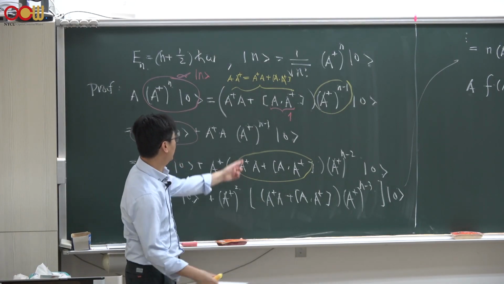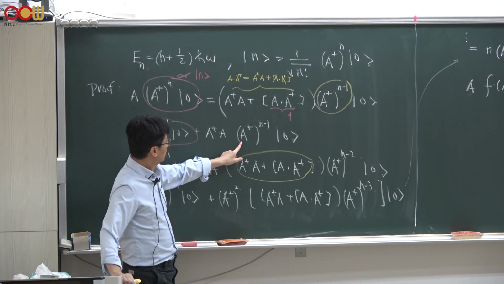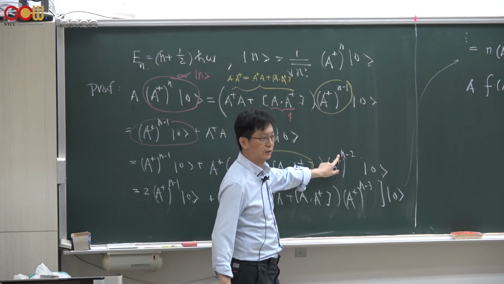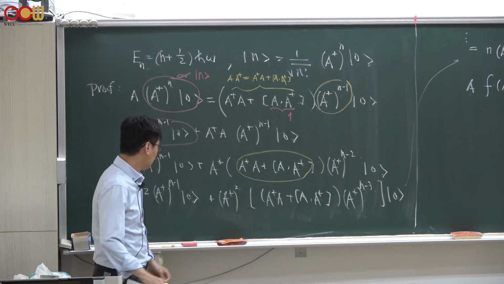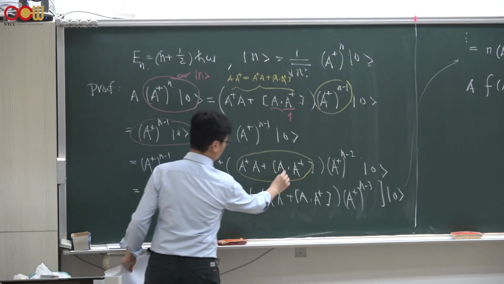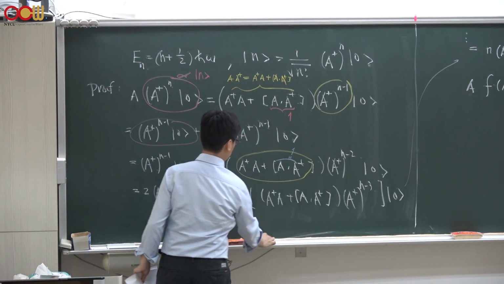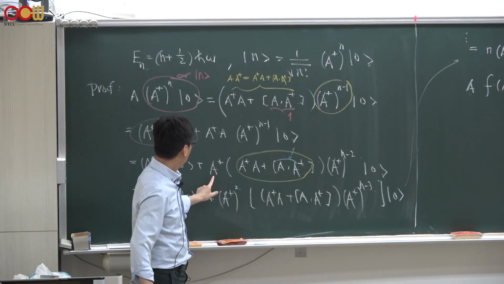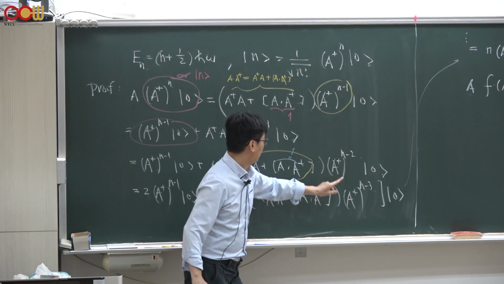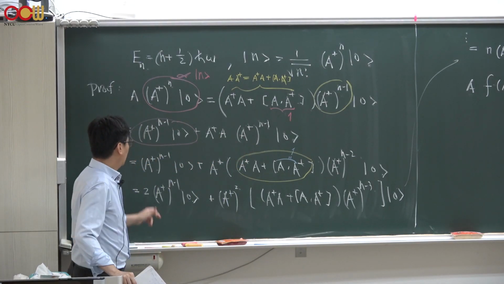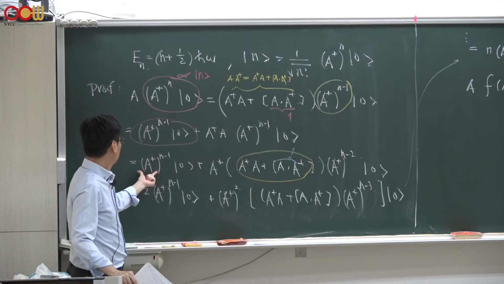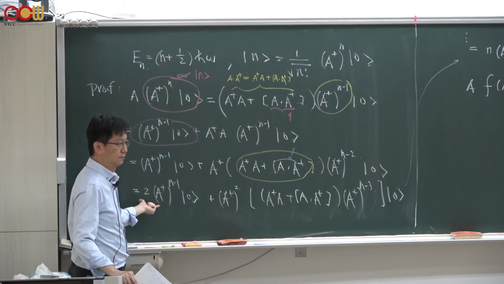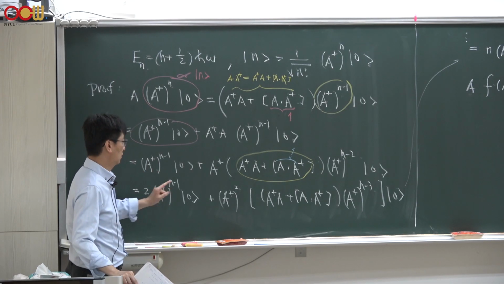And once we take one additional A dagger operator out of this A dagger to the power of n minus 1, the remaining power is actually n minus 2. But again, this is 1. Okay, so you simply just take this factor and multiply by A dagger to the power of n minus 2, and combined with this A dagger to the power of n minus 1, you get factor of 2 times A dagger to the power of n minus 1, right?